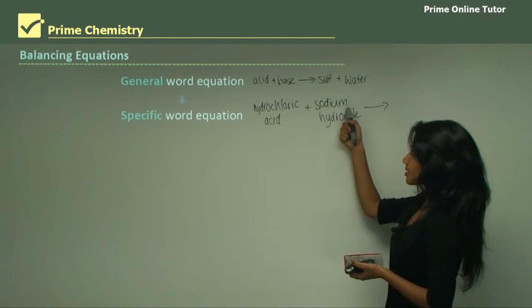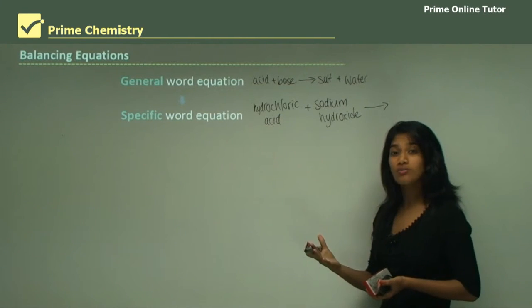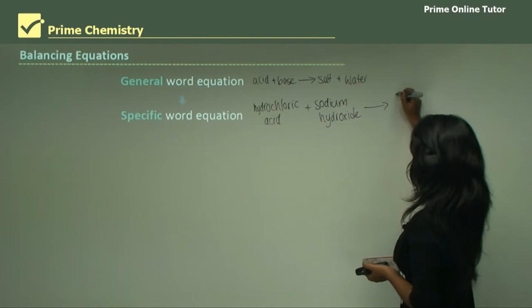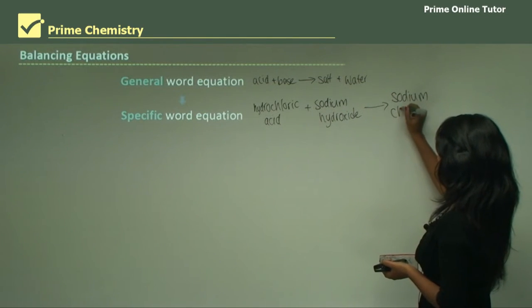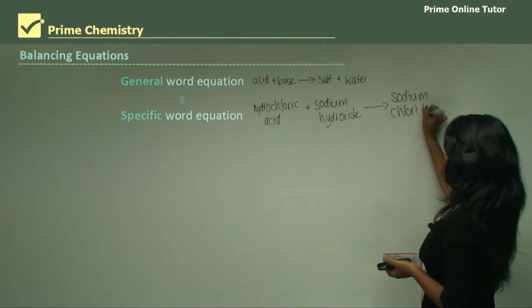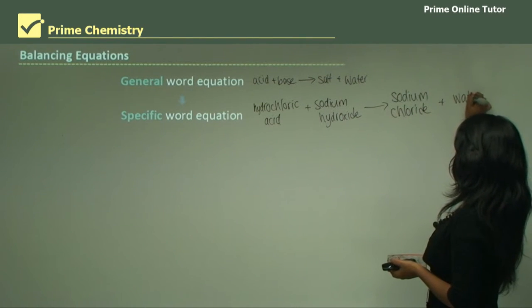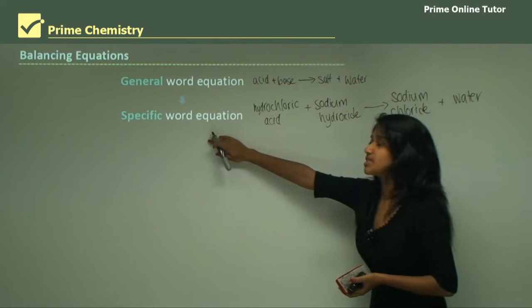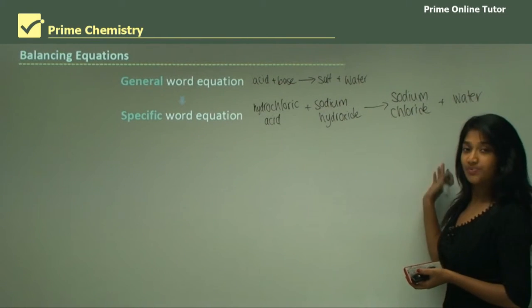You have sodium here, going to react with the chlorine. So it'll form sodium chloride. And also water, because water is a product. So this is our specified or specific word equation. It's in words and it's an equation.